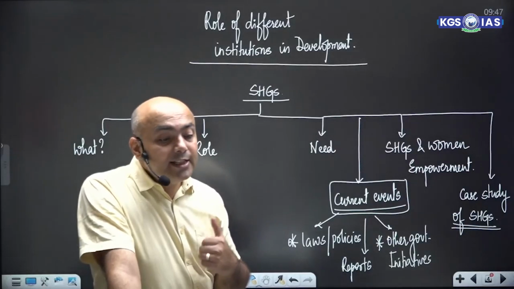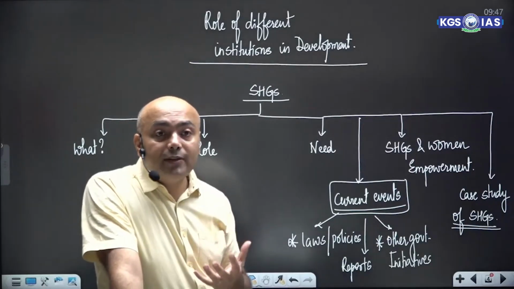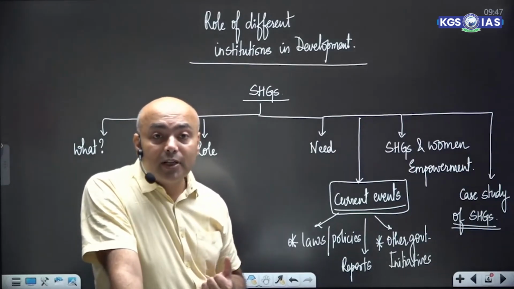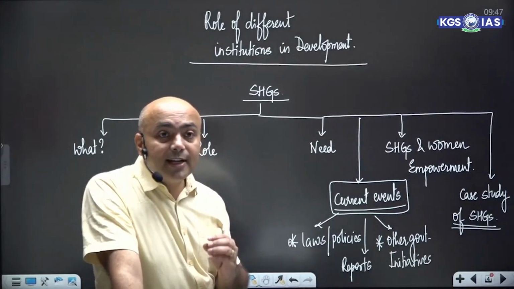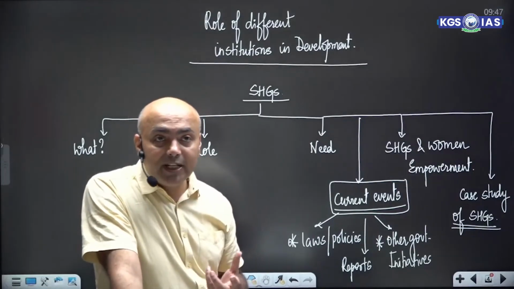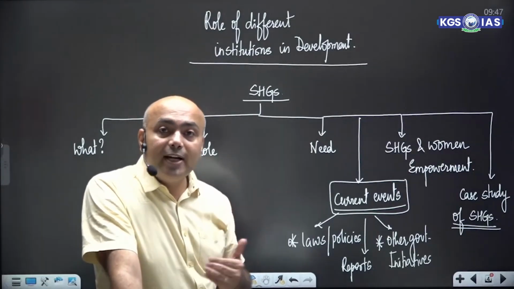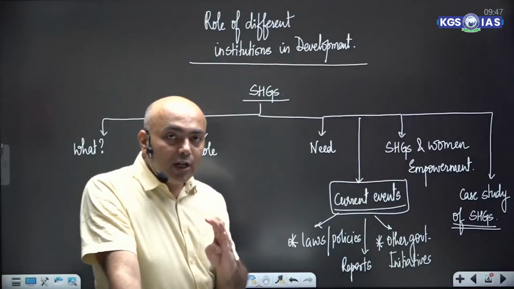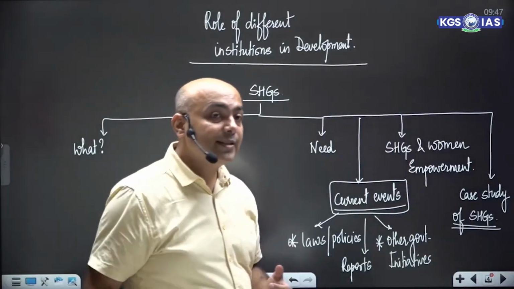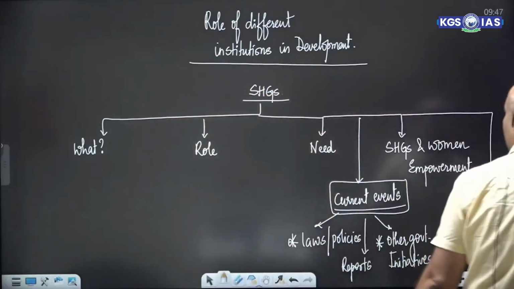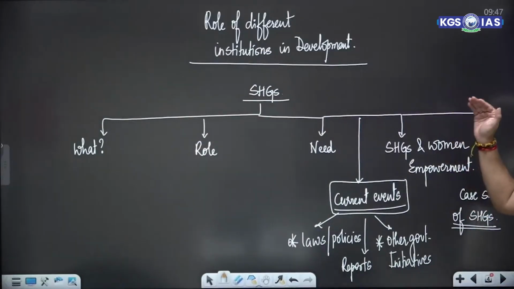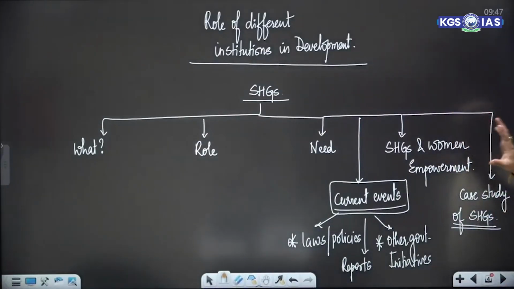If the Niti Aayog finds that there is a need to take up some initiatives, it makes recommendations related to that. You are supposed to take that into consideration. So, role of different institutions in development. Self-help group is the first institution that we have discussed.